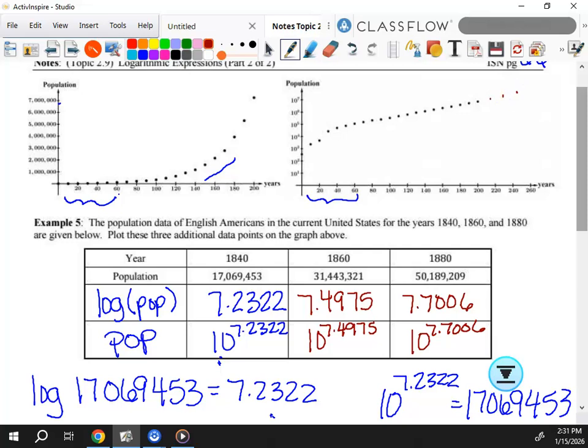And it just kind of continues the trend. But that's more useful. That's a better graph. It makes more sense for what was actually happening. And so again, depending on the kind of data you have, what you're looking for, logarithmically scaled graphs could be helpful.